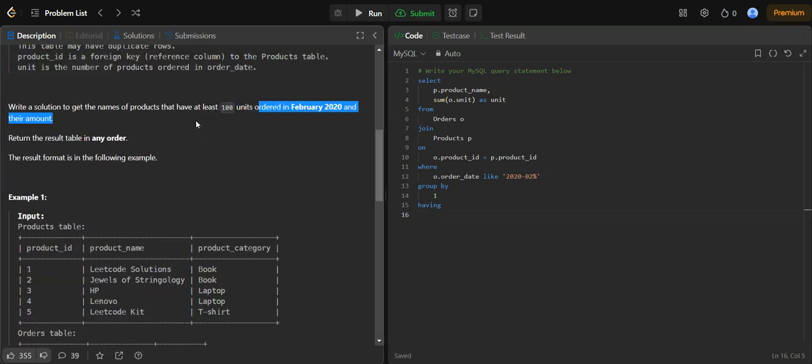Sum of the units must be less than 100. Sorry, greater than or equal to 100. So I write the sum of the units, must be greater than or equal to 100, or simply greater than 99. I think this query will work for this.